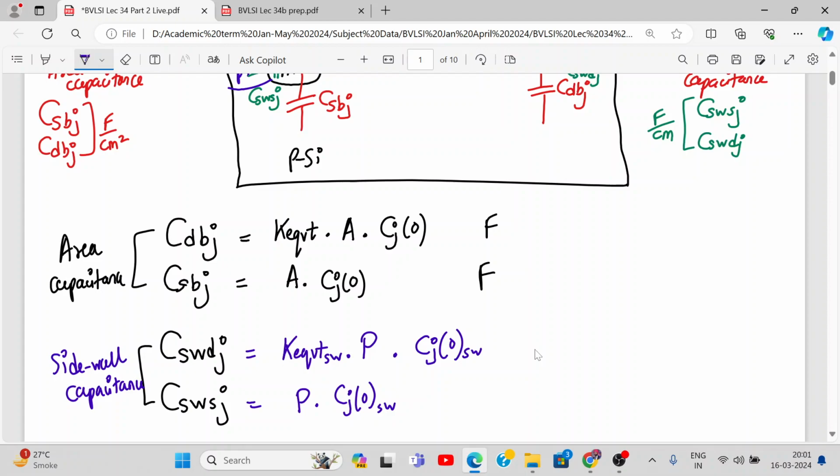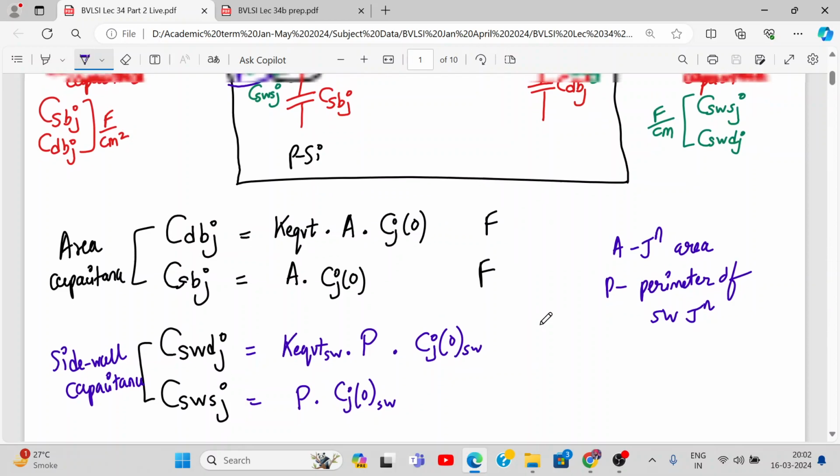Okay, you have written these formulas, where A is the junction area and P is the perimeter of the sidewall junction. So we have completed the MOSFET capacitance derivation in as much detail as possible. Now can we go for the numerical part? Everyone?